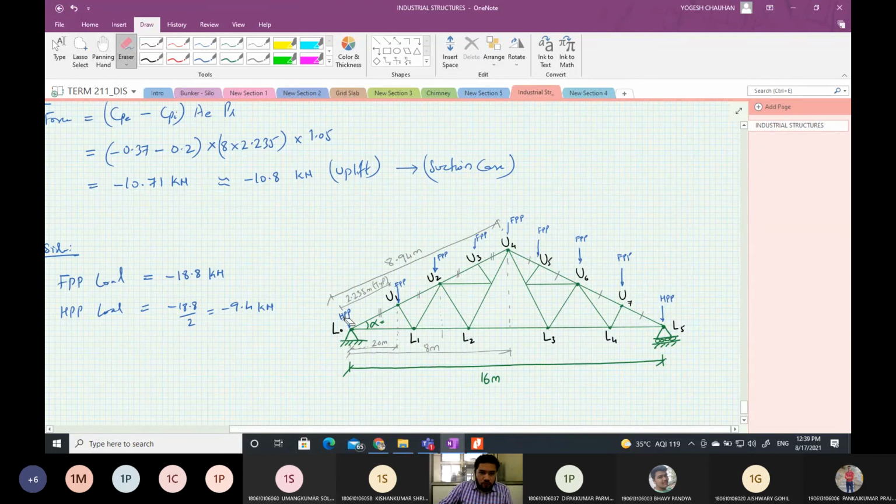So in case of wind load, suction means it is acting upward, and on this side it will be this way.